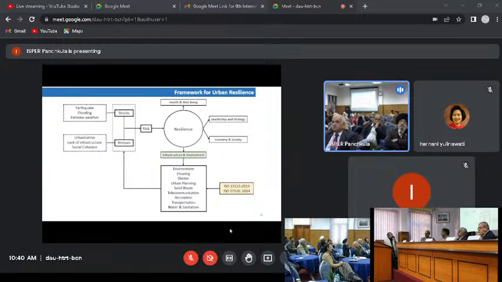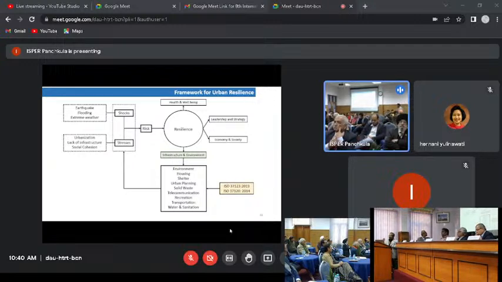This is the kind of framework we can have: events like earthquakes, flooding, and extreme weather are shocks. Similarly, the lack of infrastructure and social cohesion leads to stresses, like delays in mobility or traffic jams.